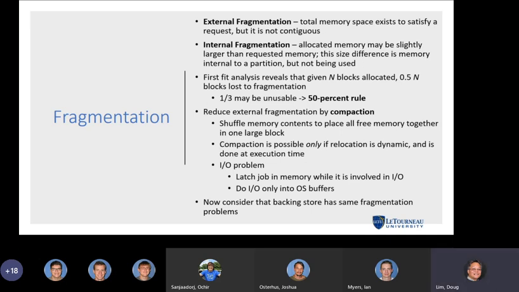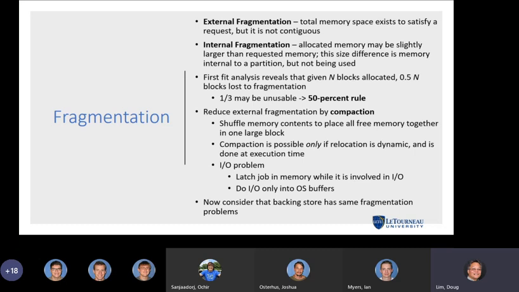So one technique, and I'm sure you've seen this with defragmenters for hard disks, is we can use compaction to reduce the external fragmentation. That is the fragmentation of all the processes' use of memory as a whole.